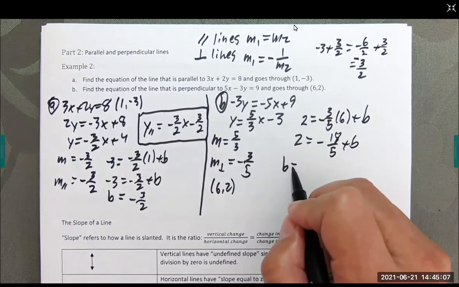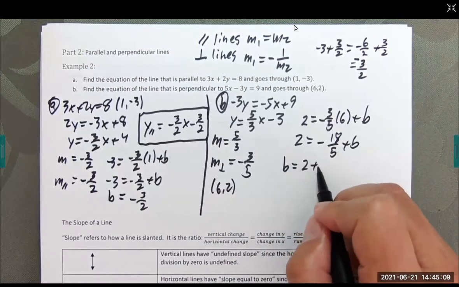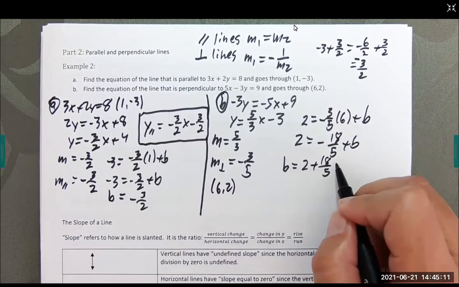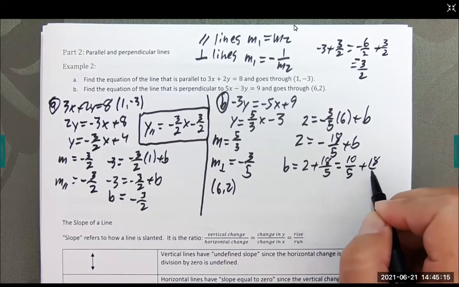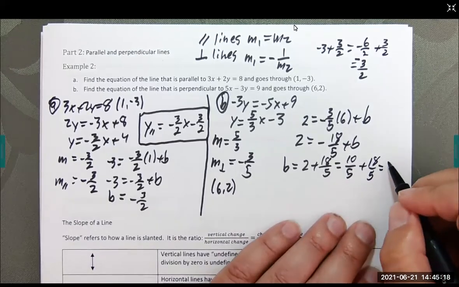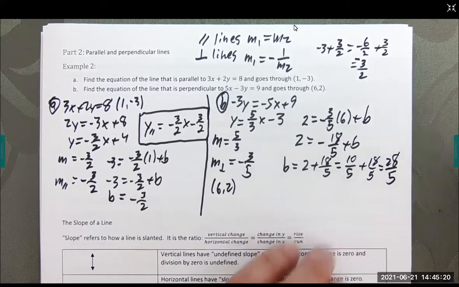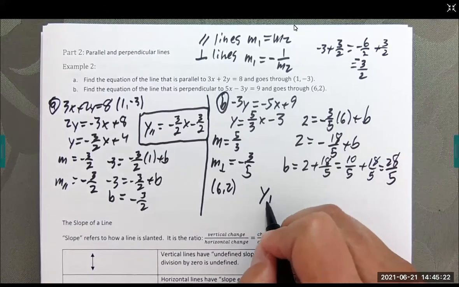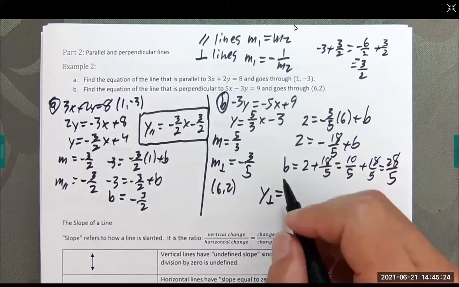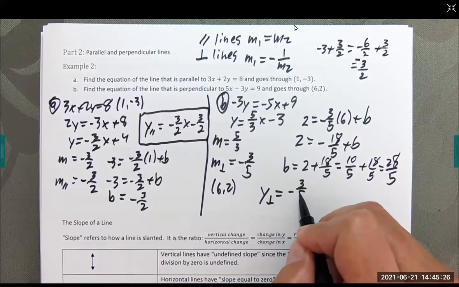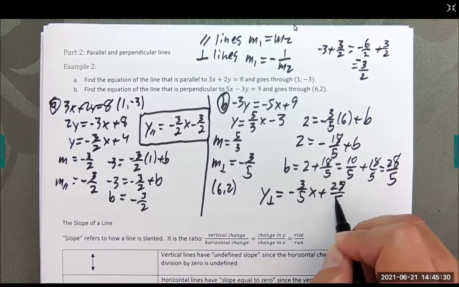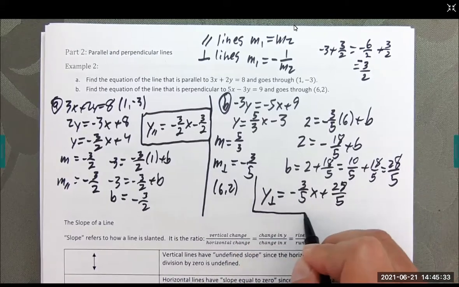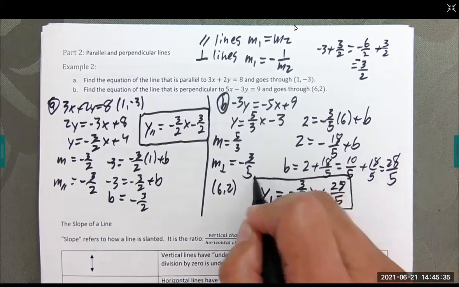So b is 2 plus 18 over 5, which is 10 over 5 plus 18 over 5, which is 28 over 5. So our perpendicular line is negative 3 over 5 x plus 28 over 5. Yay, not so bad.